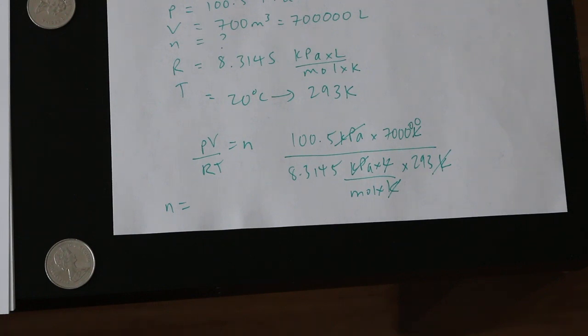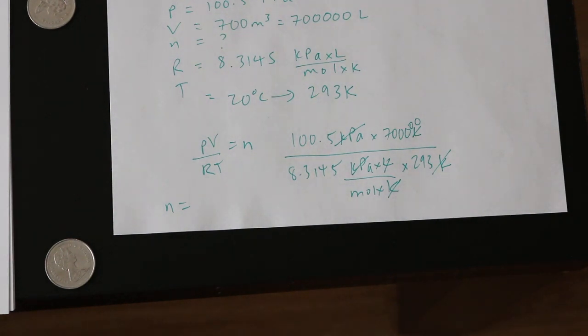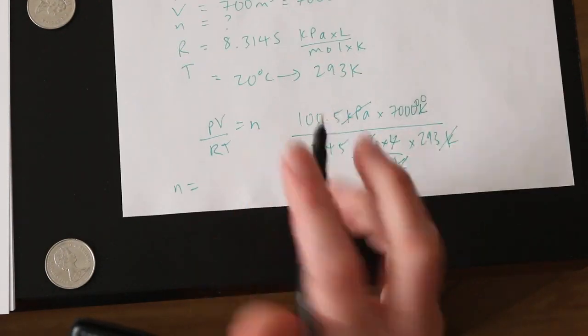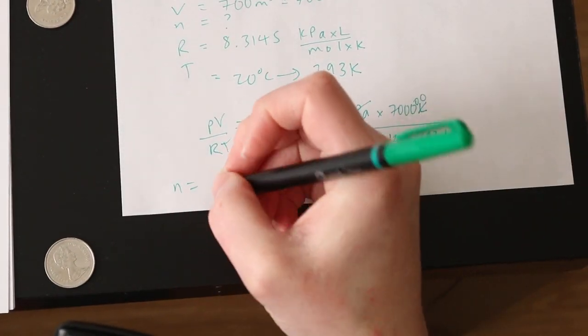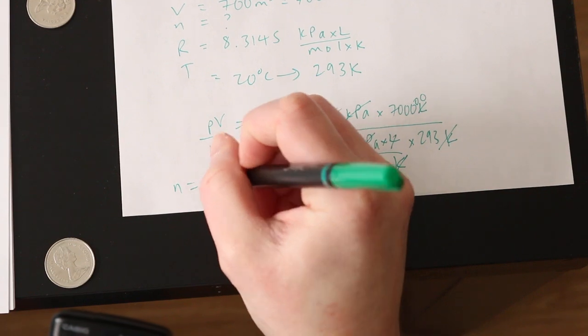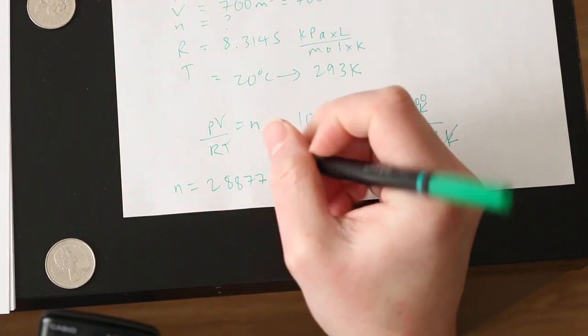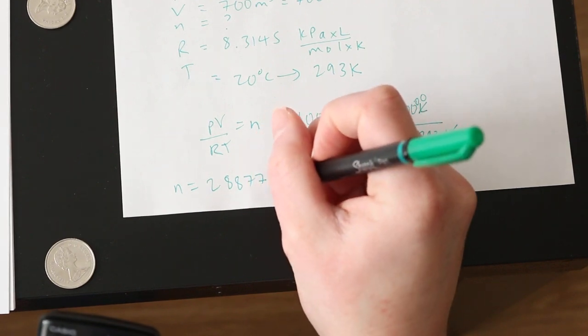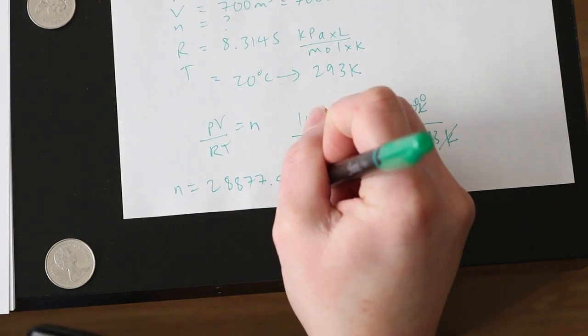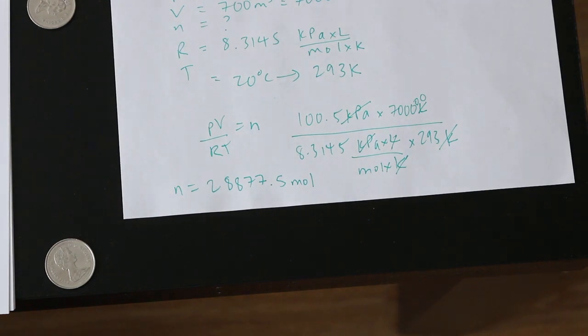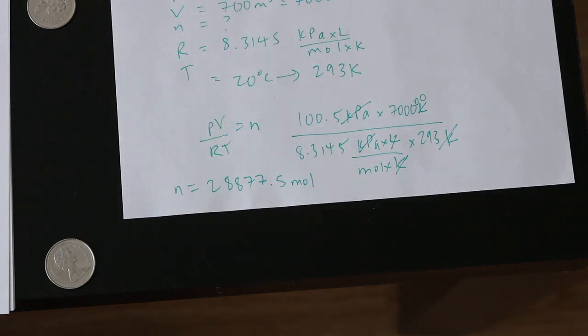Yeah, divided by 8.3145 times 293. Okay, and then when we punch it into our calculator, we get number of moles equals 28877.5 moles. And the answer in the answer key is a little bit different, just depending on the numbers you use, but that's how you work it out.